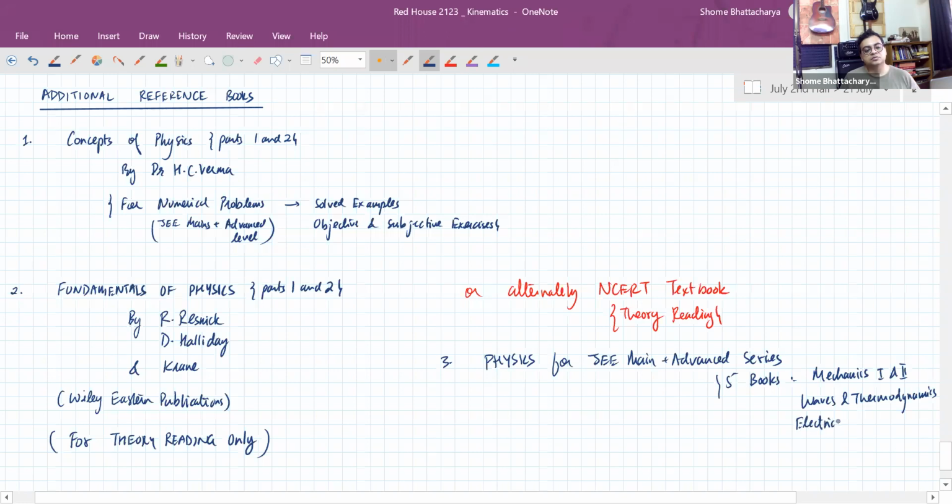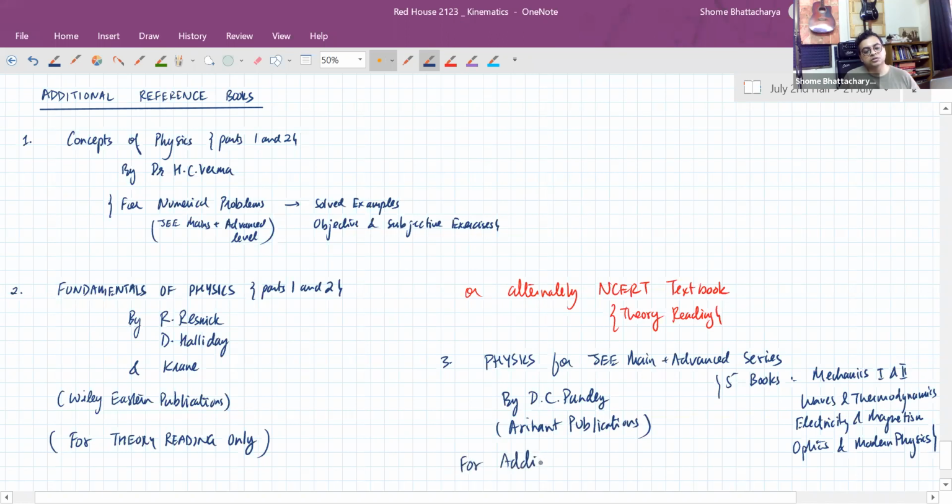Electricity and Magnetism. And Optics and Modern Physics. The entire 11-12 syllabus is contained in these 5 volumes in this. Okay. This is by T.C. Pandey, Arihant Publications. So you can use this book for additional revision problems.